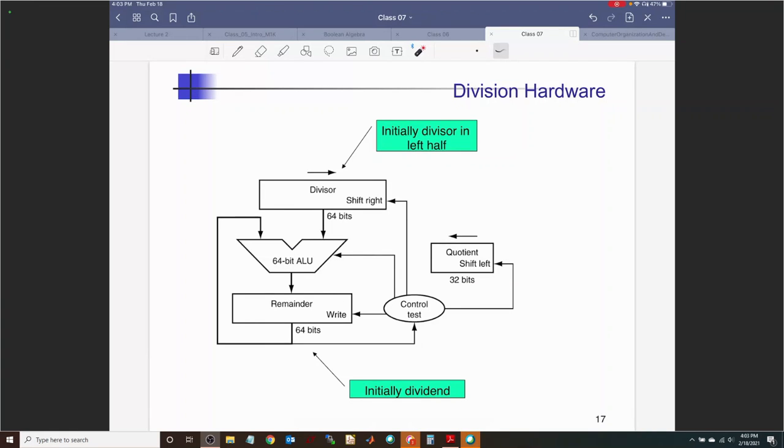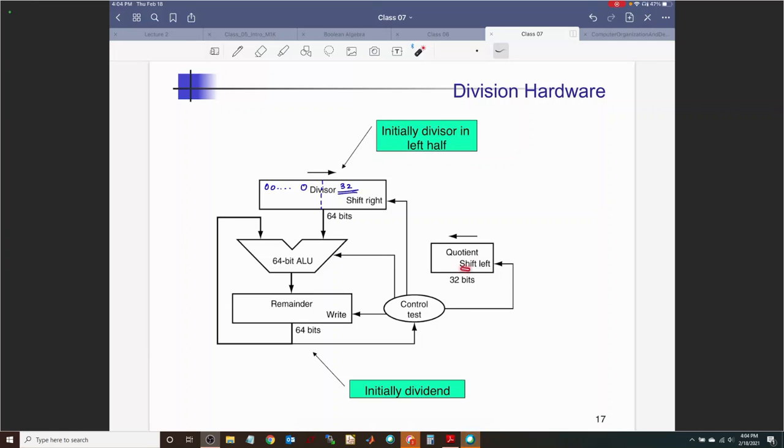So we have a divisor here which is 64 bits. Initially, divisor in the left half. Divisor is in the 32 bits over here. These are all going to be zeros. Quotient register is a 32-bit register which we will be able to shift left.